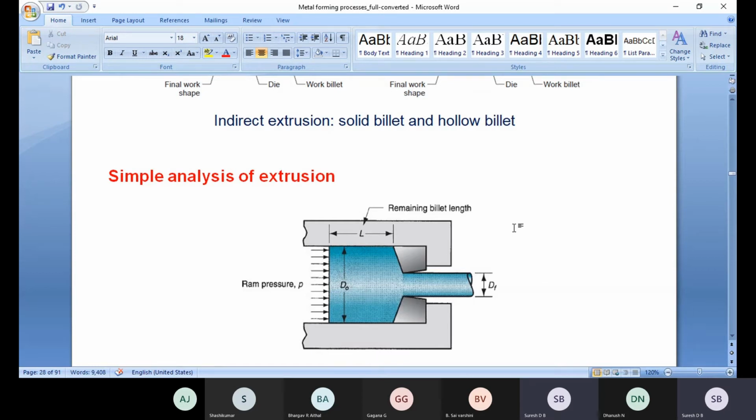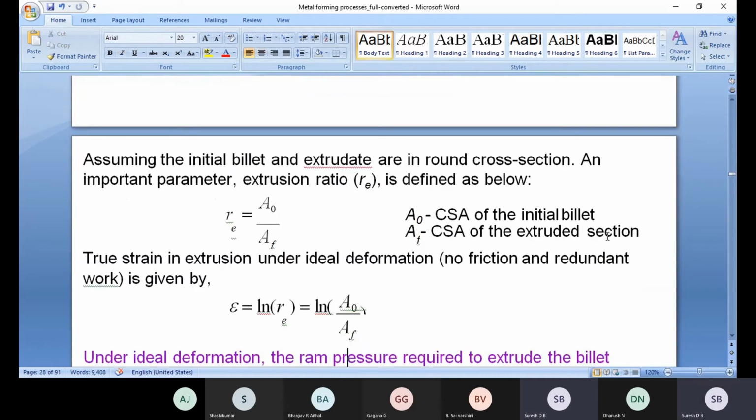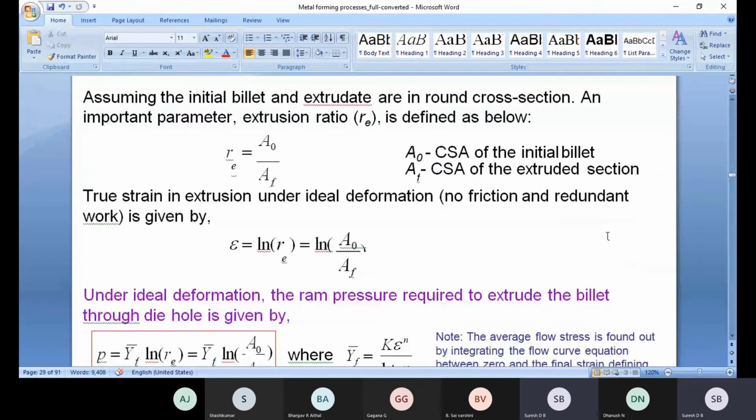Stress equals load divided by area. Here the load is the applied force, suppose 10 kilonewton, divided by the cross-sectional area, which depends on the diameter. Suppose the diameter is 10 mm, then area is pi by 4 into d square. Finally you get the stress. If you want the load, it is stress into area.